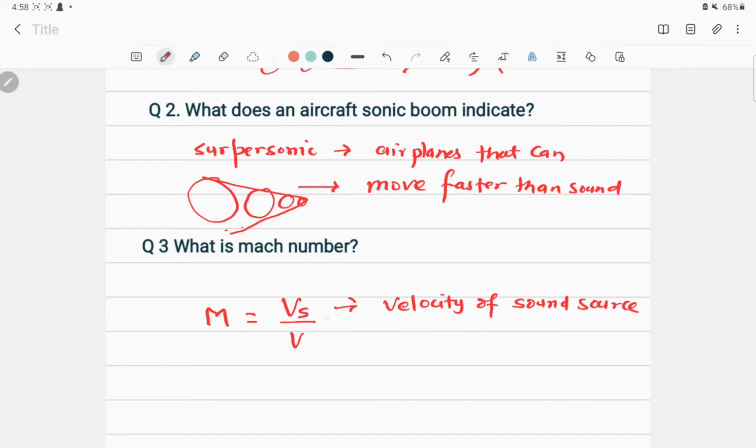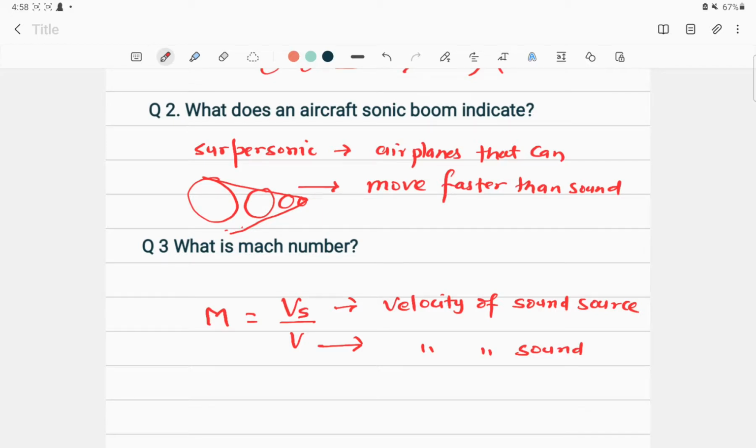So let's say this is a velocity of the aircraft. This V is velocity of sound only.